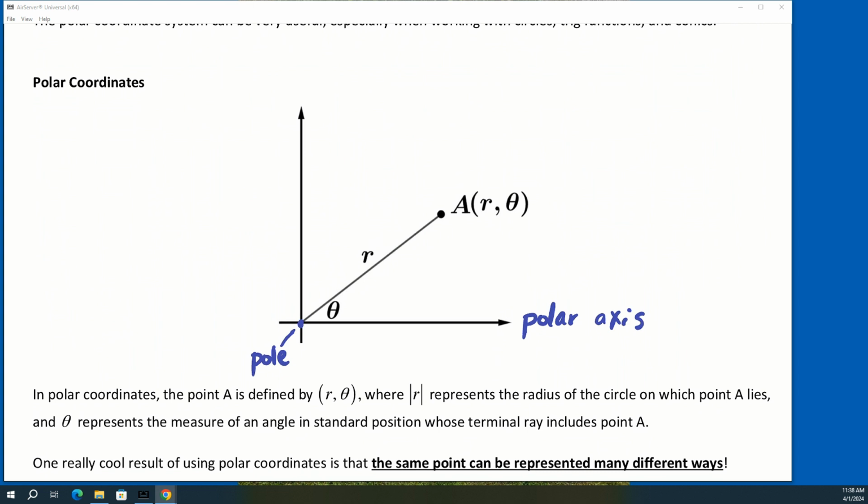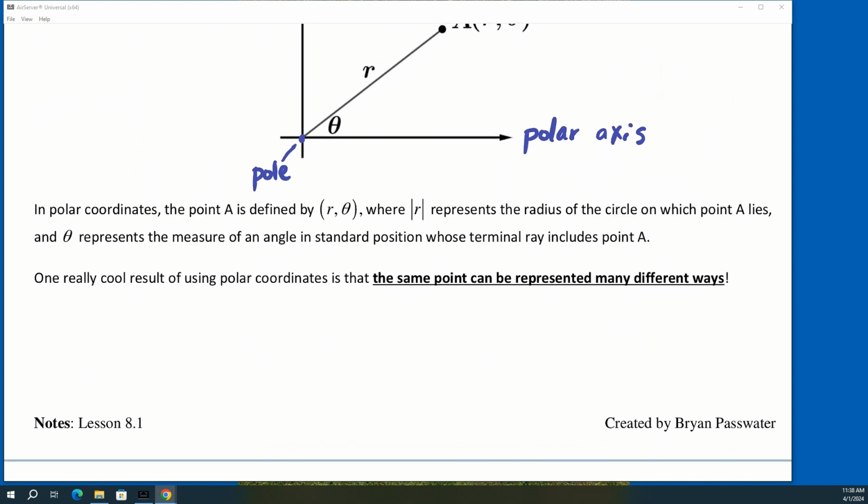So this vertical axis is just for reference. And so you're given two coordinates. One is r, which is the distance from the pole, and the other is theta, which is the angle that ray or that r value is taking.